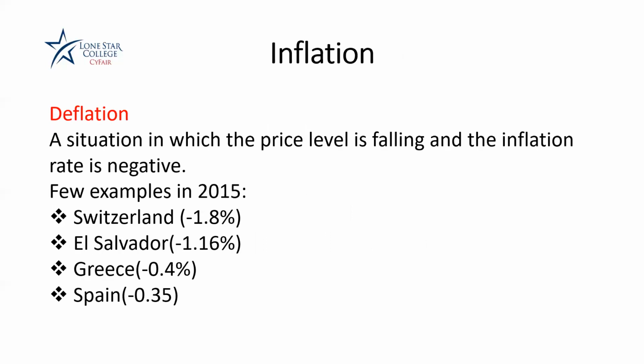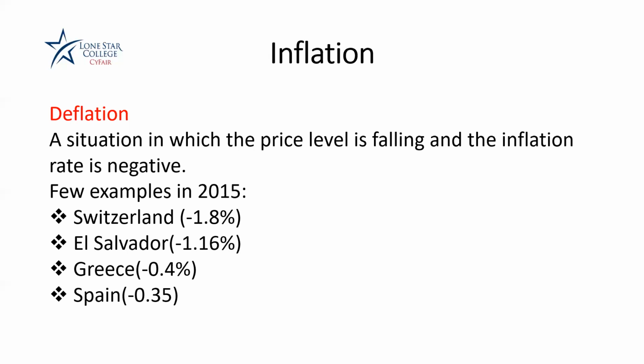Another important terminology is deflation, which is kind of the opposite of hyperinflation. And remember, when we have hyperinflation, the inflation rate is greater than 50%, right? But when we talk about deflation, it's when the inflation rate actually is negative, meaning that the price level actually is going down in a country. Okay, it means that everything is becoming cheaper and cheaper every day.